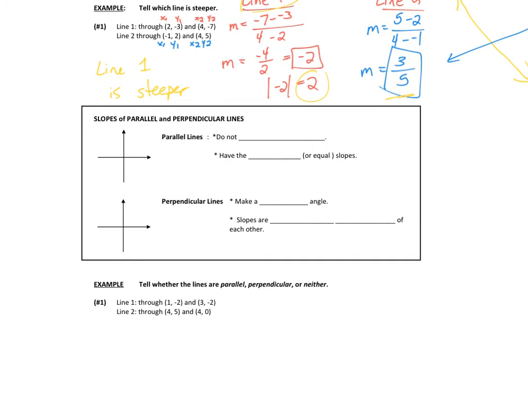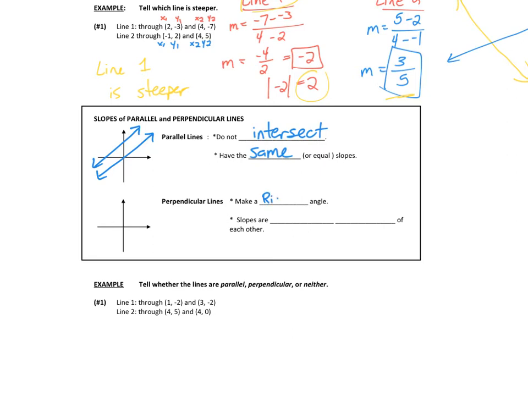All right, so slopes and parallel and perpendicular lines. Parallel lines do not intersect, and they have the same slope. So if you sketched a picture of them, it would look like this. And I know it's not the greatest, but those two lines would be parallel because they never cross.